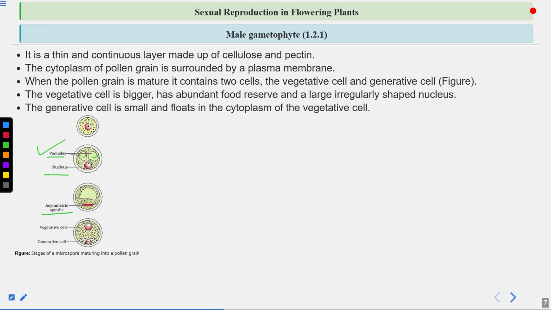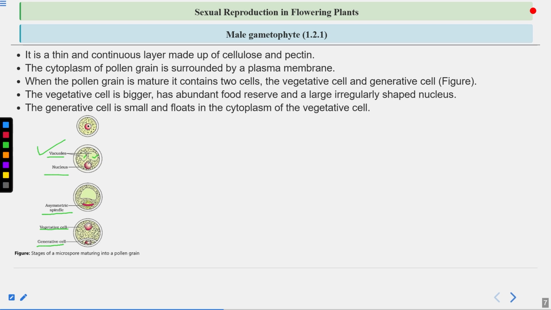And when the nucleus is divided, you can see the generative cell nucleus is very small. The vegetative cell is quite a large cell with a very prominent nucleus and a good amount of cytoplasm. But compared with it, the generative cell is very small and spindle shaped. It can float in the cytoplasm of the vegetative cell, and its nucleus is also very small.